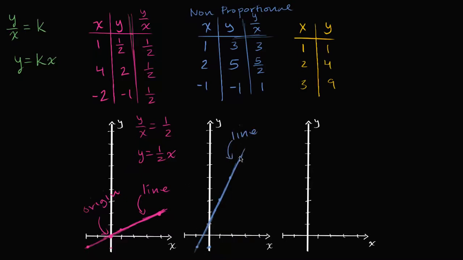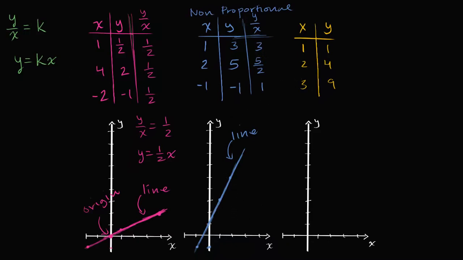If you're just looking at a relationship visually, linear is good, but it needs to go through the origin as well for it to be a proportional relationship. And you see that right here. This is a linear relationship, or at least these three pairs could be sampled from a linear relationship, but the graph does not go through the origin. And we see here when we look at the ratio that it was indeed not proportional. So this is not proportional.